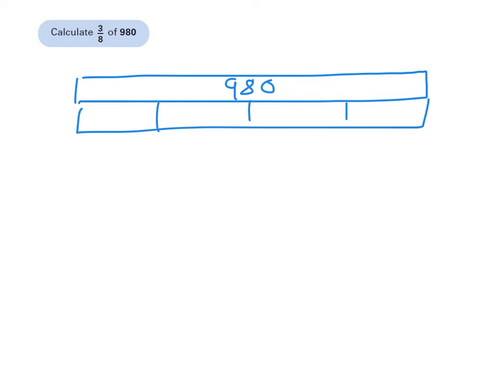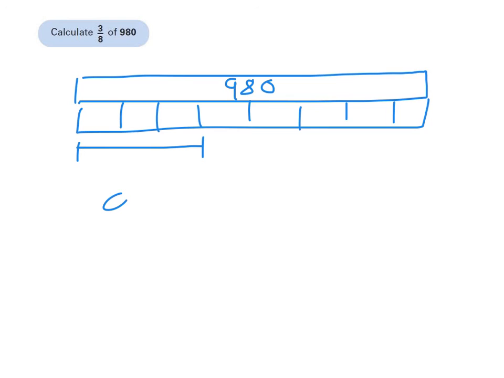To finish, perhaps the simplest one of the lot, we have got 3/8 of 980. So we have got my 980, and it's eighths, so I need to divide it into 8 pieces. And I want 3/8.